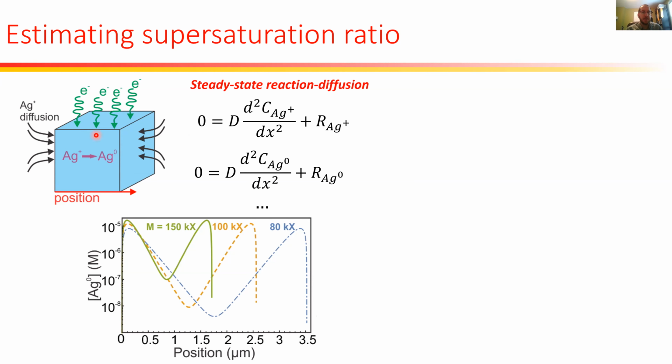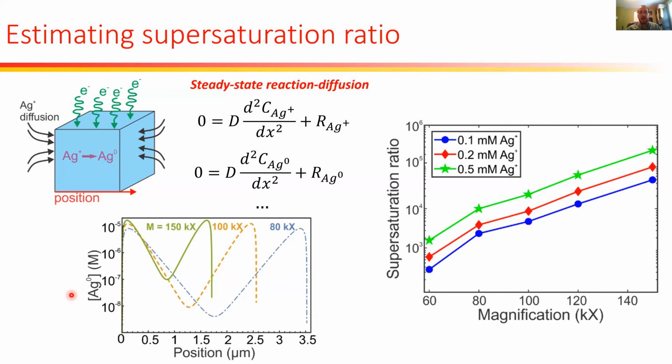We can model this with the reaction diffusion equations and determine, within our image area, which would span this whole M shape for each of the image magnifications, the concentration of silver atoms. And knowing the approximate solubility of silver atoms in solution, we can determine the supersaturation ratio. And we see it increases as we increase the magnification.